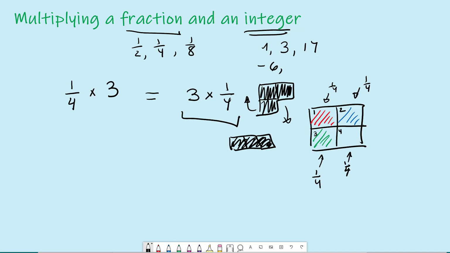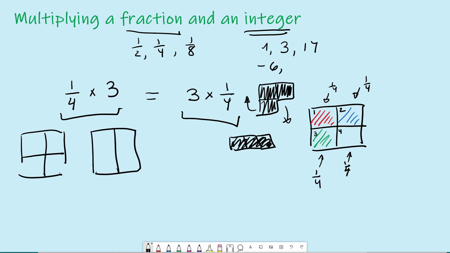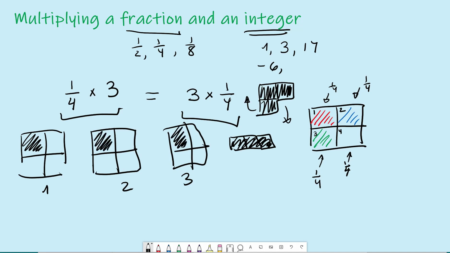Now, what do we get when we look at this case where we have a fourth of 3 bars of chocolate? Well, let's take our 3 bars, and we'll take a fourth of each one of these bars. So these are 3 bars, 1, 2, 3. And in each one, I'm going to take only 1/4. Okay? So we're going to add these up, because we have 3 of them, and we're taking a fourth from each one.